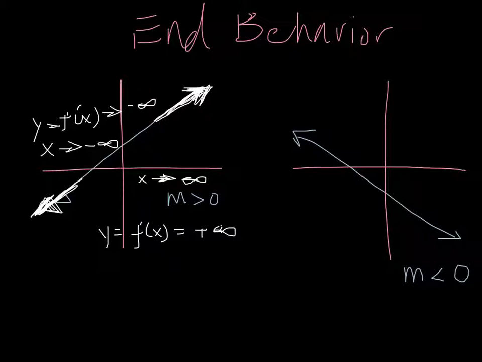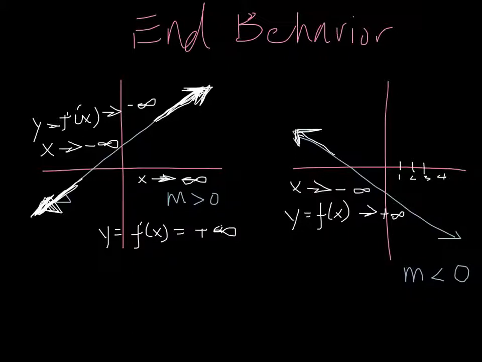And same thing, let's talk about the end behavior if the slope is negative. So, let's do this portion of my graph. As x gets negative, as my x's get smaller and smaller and smaller, my y's, which in pre-calculus we're not going to call y's anymore, we're going to call f of x, they're getting bigger and bigger and bigger. On the right side of the graph, this is positive 1, this is 2, 3, 4, 5, 6.